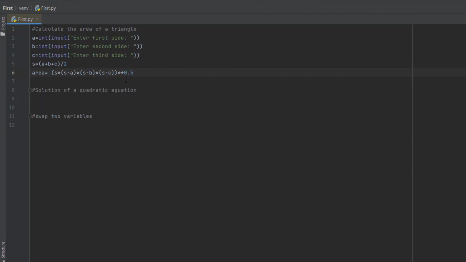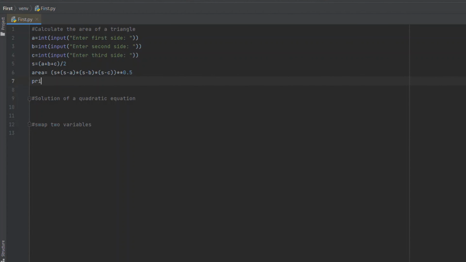We already know the meaning of double asterisk 0.5, which is calculating the square root, and asterisk is used for multiplication. Now we will print the area.